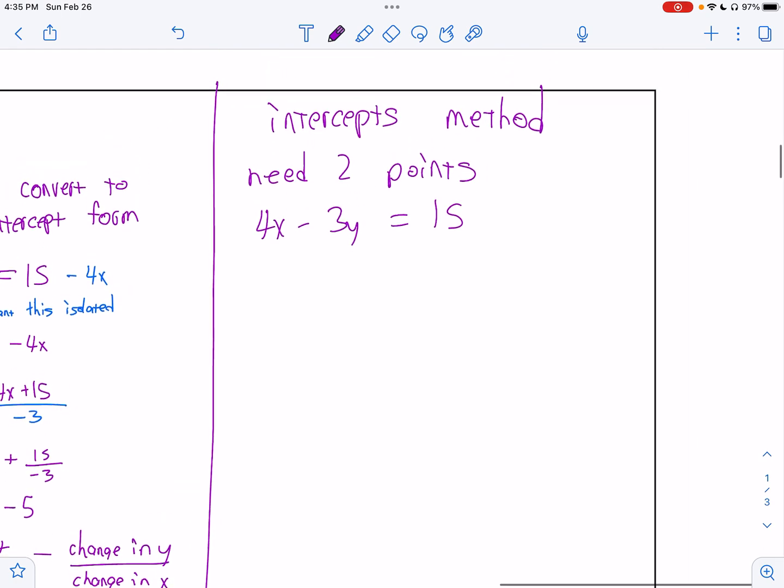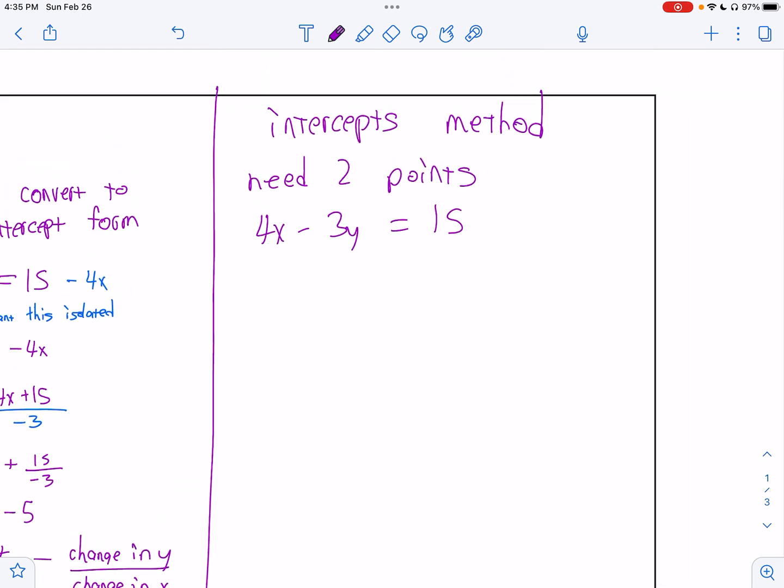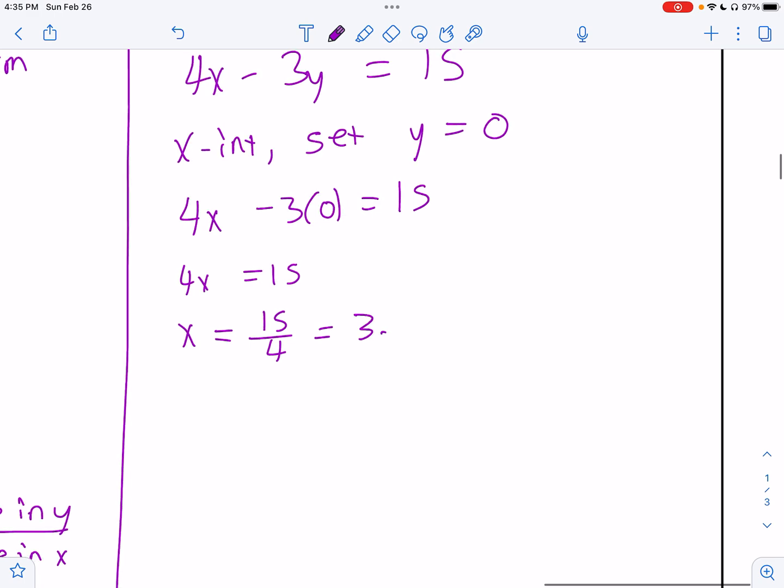So my x-intercept, and this is true for any equation ever, x-intercept means y is 0. So x-intercept, set y equal to 0. So 4x and 3 times 0 is 0. So I have 4x equals 15, and then x equals 15 over 4, and that is 3.75.